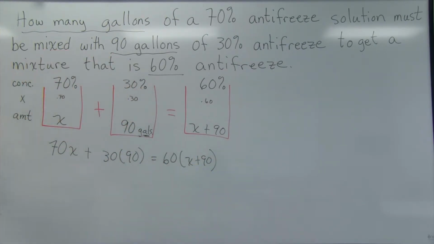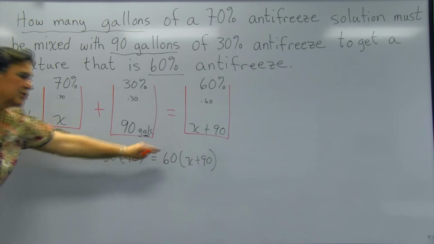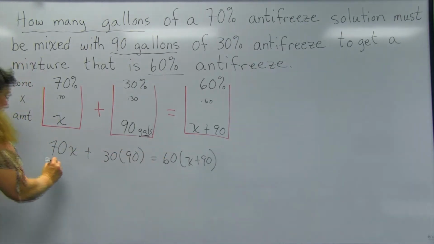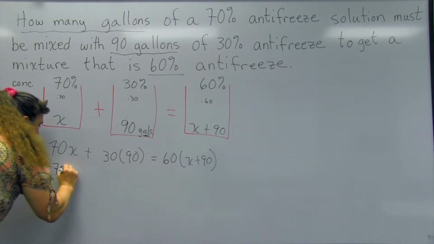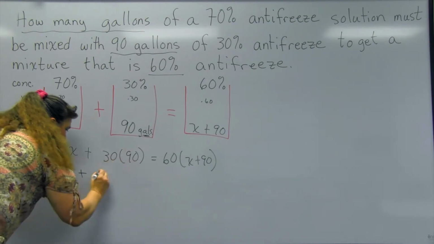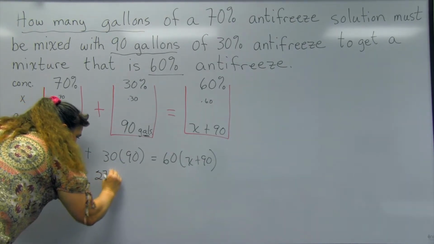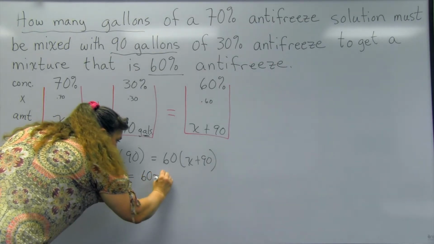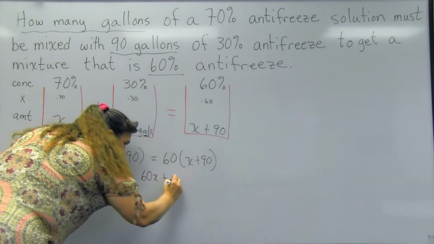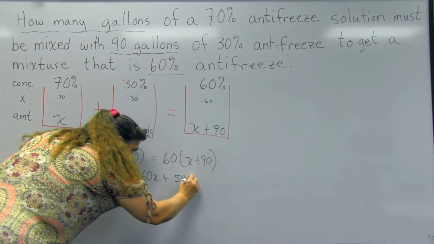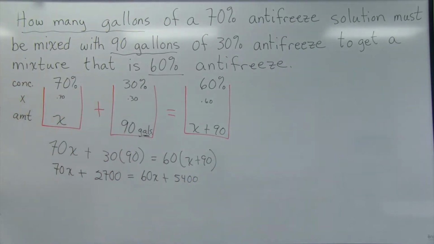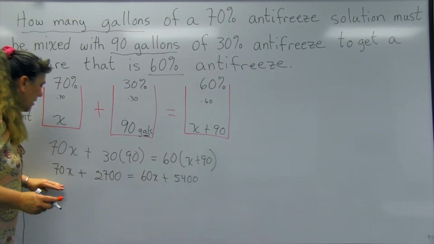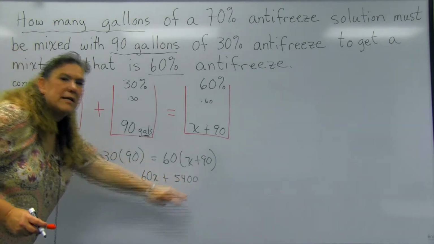Okay, again, we need to do our multiplication and distribution so we can get this put together. 70X plus 30 times 90 is 2,700 equals 60X plus 60 times 90 is 5,400. Okay, again, on this one it's a little more complex than the ones we did earlier, but we have variable on both sides, we have numbers on both sides.